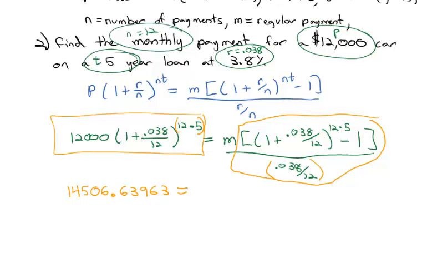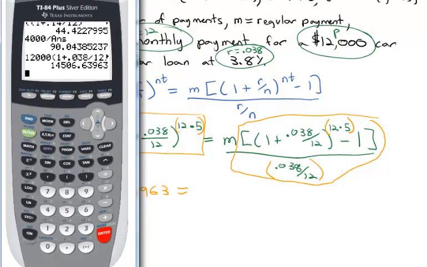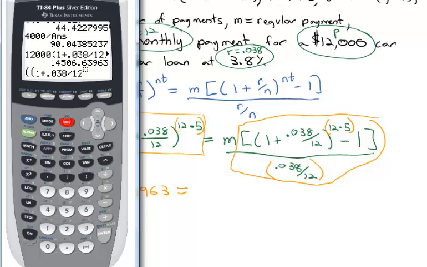Remember, we need the extra parentheses around the denominator and the extra parentheses around the exponent. Move the calculator to the other side so we can see. Parentheses, 1 plus 0.038 divided by 12. Close the parentheses, raised to the power of (12 times 5). Close the parentheses, get out of the exponent, minus 1.